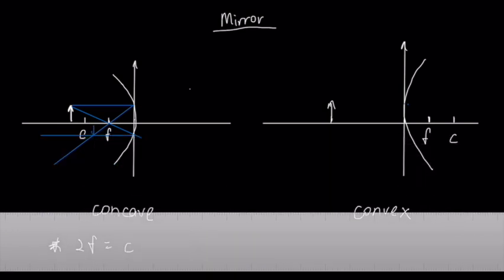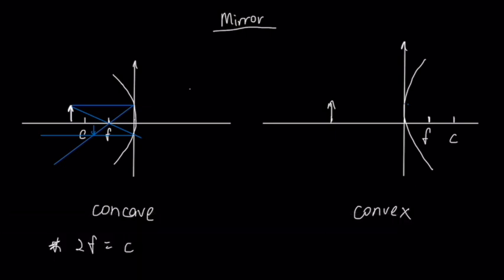Okay, so this part we will call that the image is real, inverted, and diminished because it is smaller compared to the object. Basically any object that is behind or in front of the center, the image will most likely lie in between the focal point and the center.